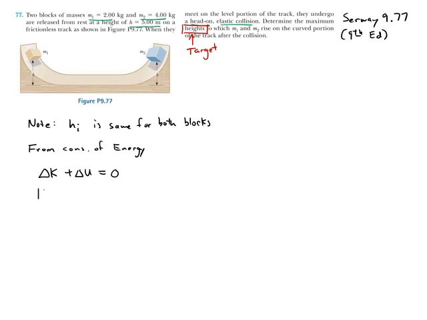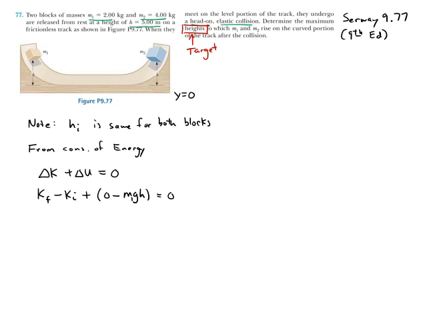So I've got K final minus K initial plus the change in potential energy. So let's pick y equal to 0 at the bottom of the ramp. So I'd have at the top 0 minus mgh, right?